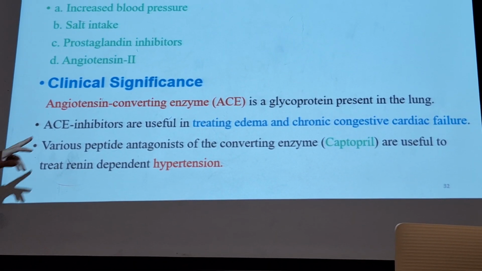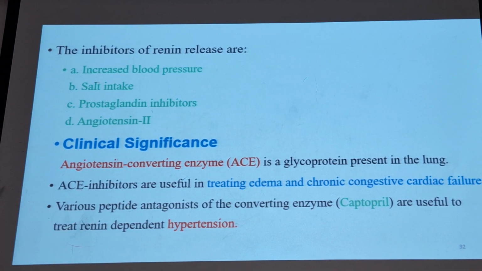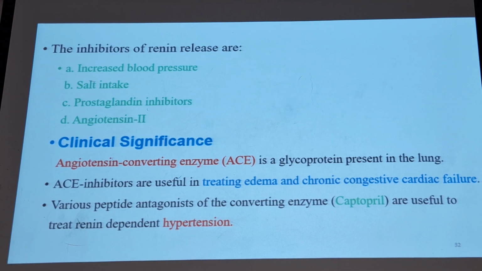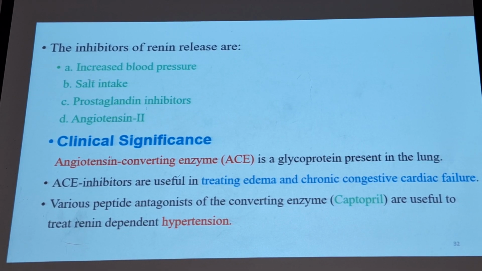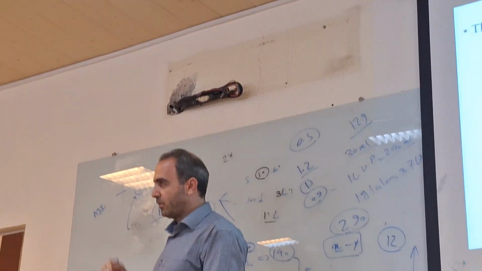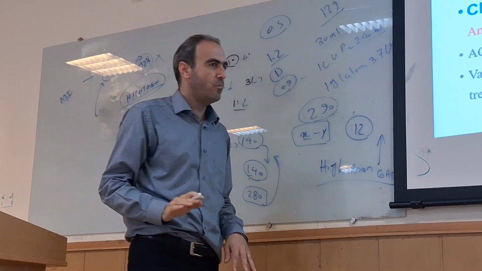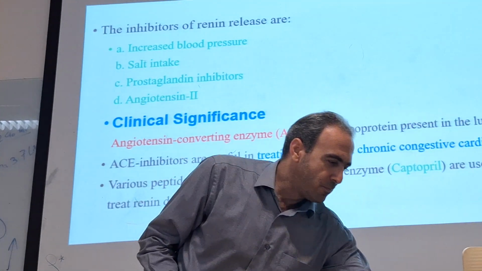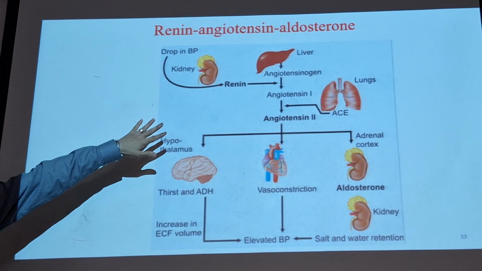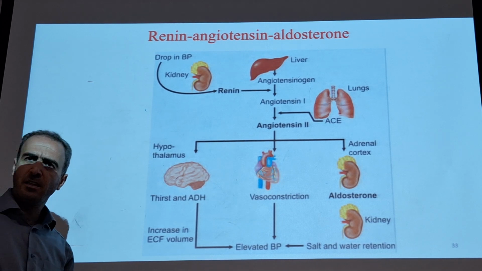When ACE is inhibited by captopril and enalapril, angiotensin II is not produced, aldosterone is not produced, and sodium is not reabsorbed, so the blood pressure will decrease. So renin, angiotensin, aldosterone is actually one system. I think you studied this system.